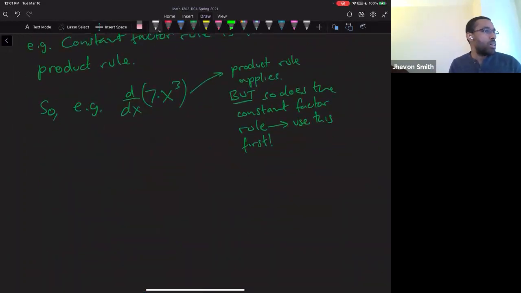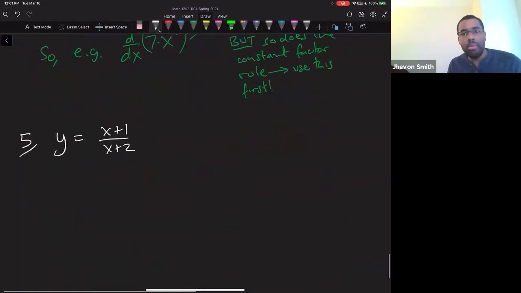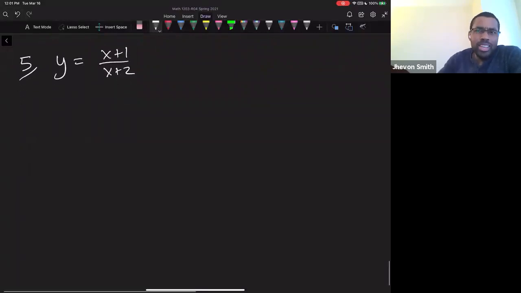Moving on, where are we? 5. Now this one can be simplified, but it's not even quite worth it. However, I would feel like most students wouldn't even recognize that this could simplify, so I'm not going to sweat it too much.